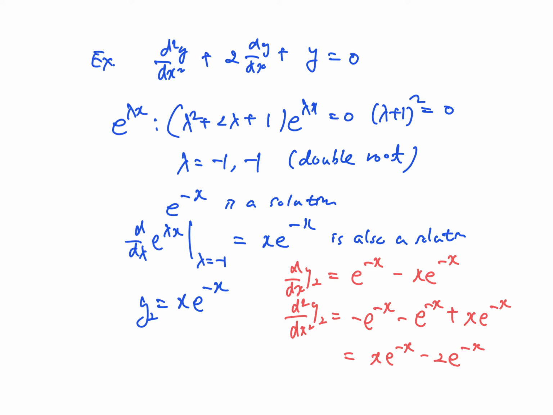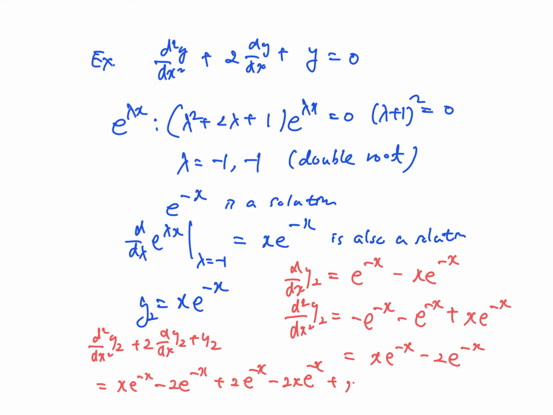So let's see d square y2 over dx square plus 2 dy2 over dx plus y2 is equal to x exponential minus x minus twice of exponential minus x plus twice of exponential minus x minus twice x exponential minus x plus x exponential minus x.